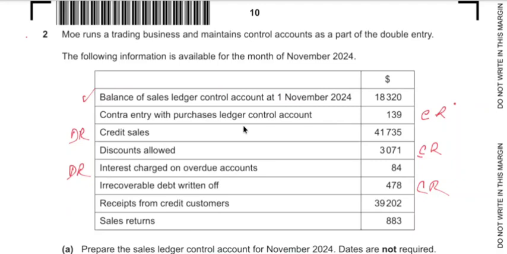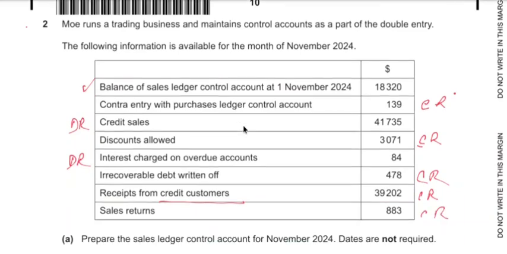And receipts from credit customers. So this is the amount of money that you are receiving from your customers. Again, this will go on the credit side, because once these credit customers have paid, that means that's no longer a credit sale. And then the same goes with the sales return. So sales return of 883 will also go on the credit side. So this is pretty much simple.